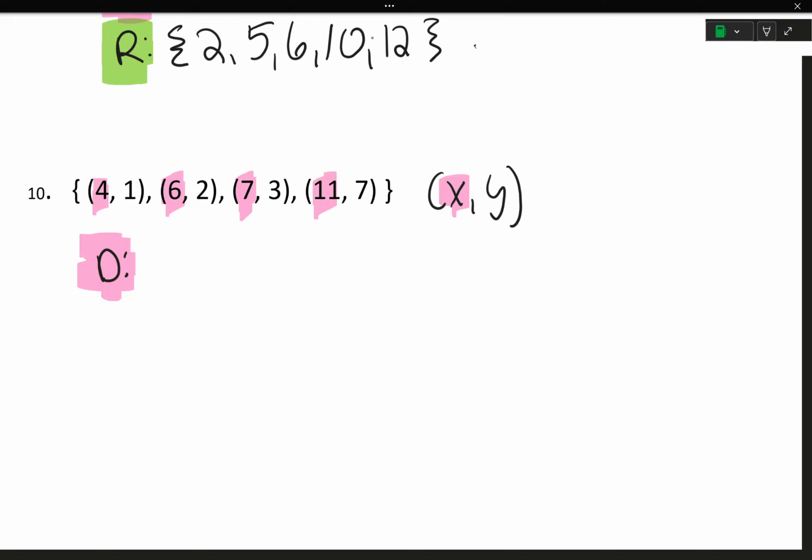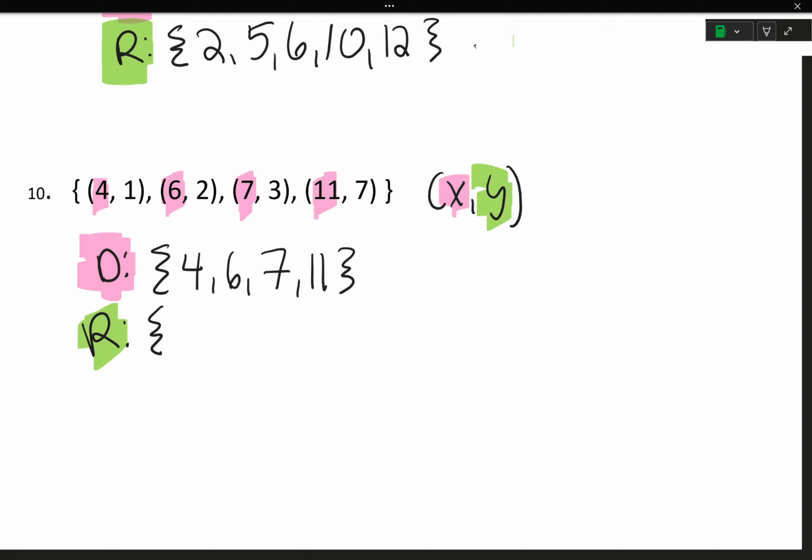Let's put them in order. 4, 6, 7, 11. Our range is going to come from our y coordinates. I'll highlight them to make it easier to see. And let's write them in order in a list. 1, 2, 3, and 7.